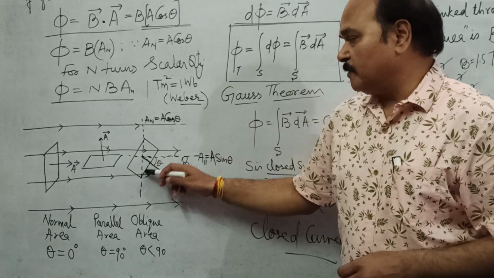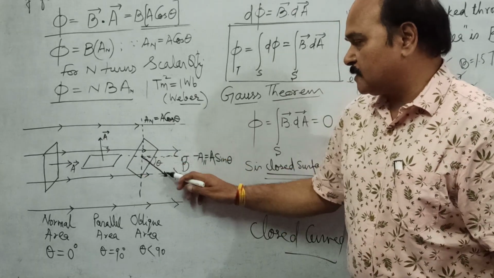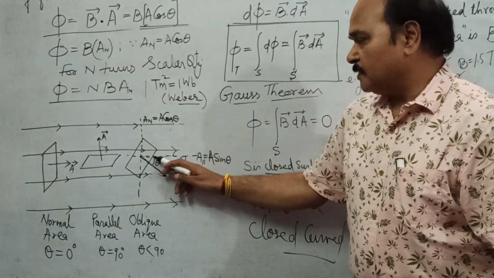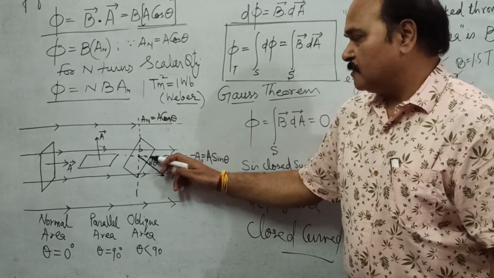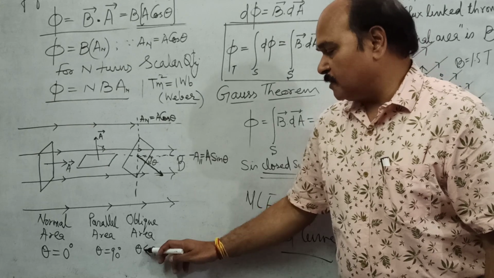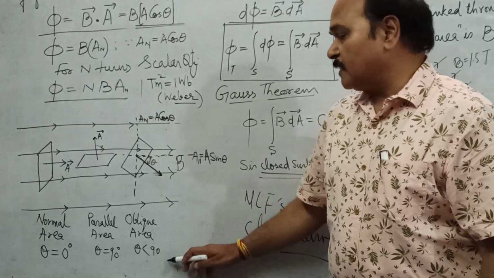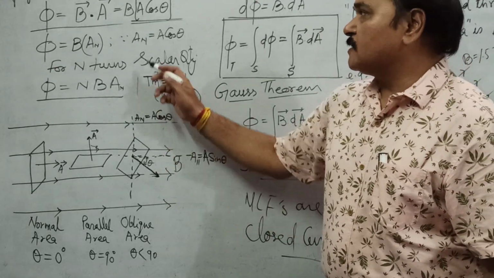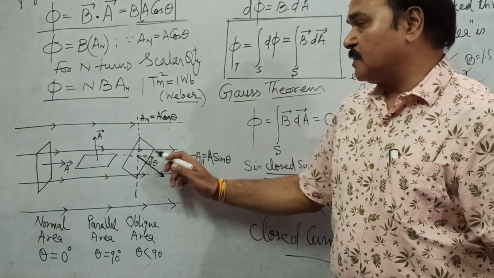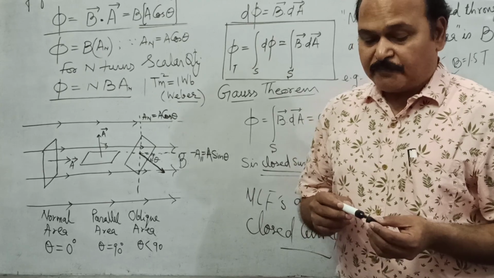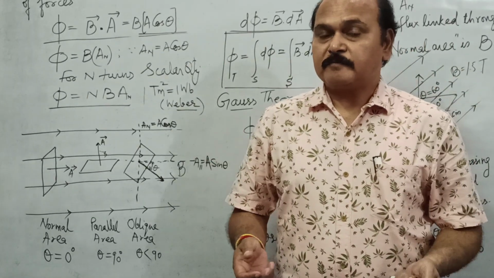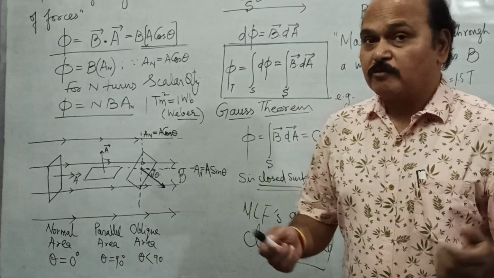In this obliquely placed area, the normal to the plane is this, this is the magnetic field, and this is the angle theta between the normal to the plane and the magnetic field. The theta is of course less than 90 degrees, acute, and the value of flux is BA cos theta. That has been shown in the diagram here for a uniform area. But if the area happens to be non-uniform, what is the flux and how are we going to find that?